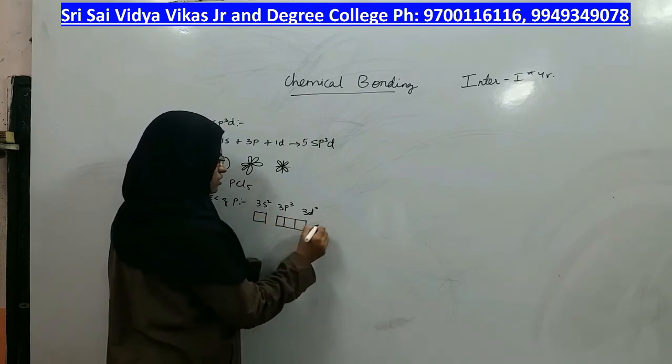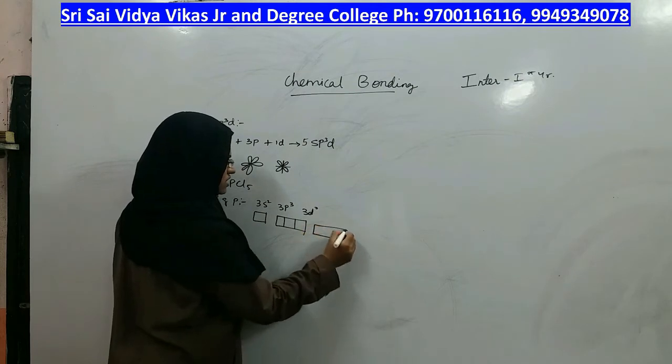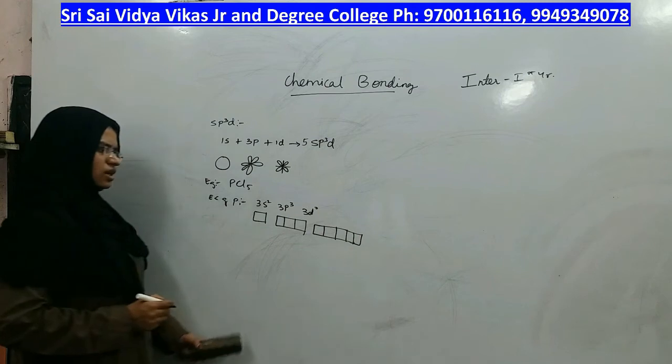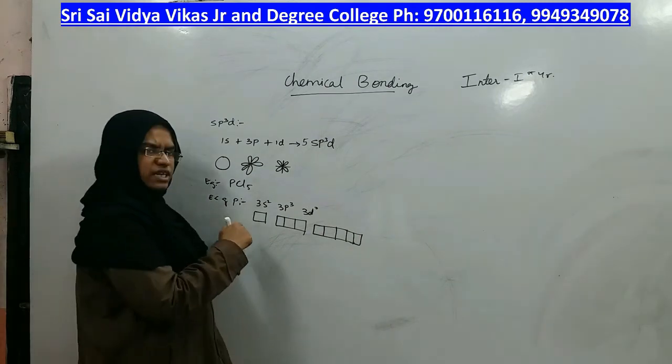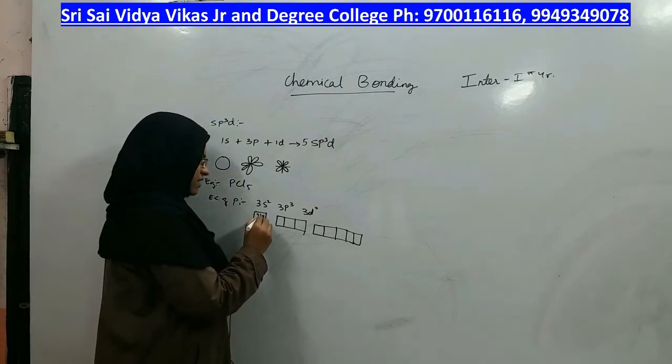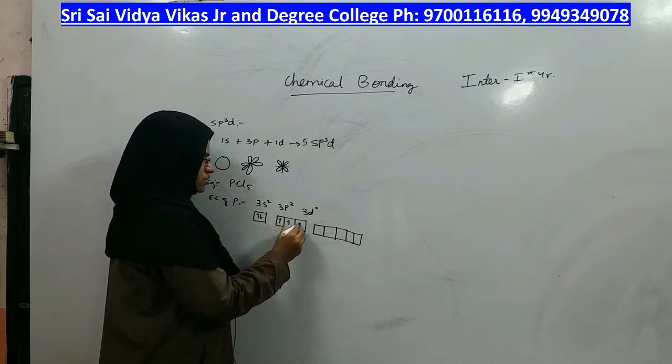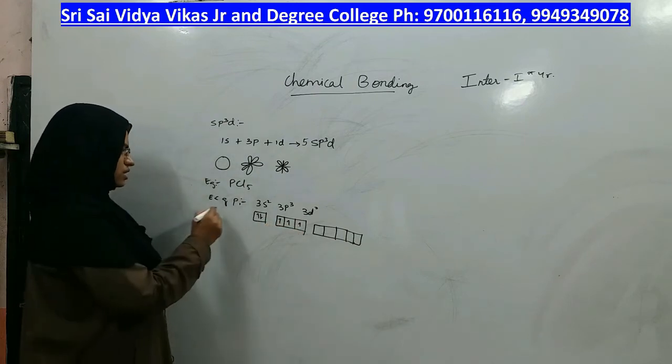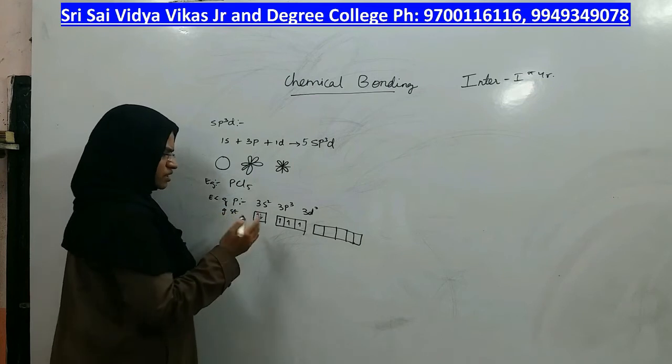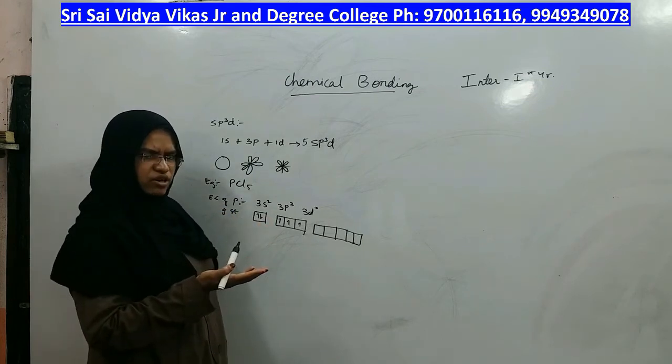This is the ground state electronic configuration, in which it has 5 valence electrons. So in the ground state, there are no electrons in the d orbitals.